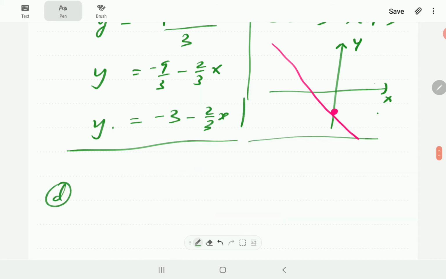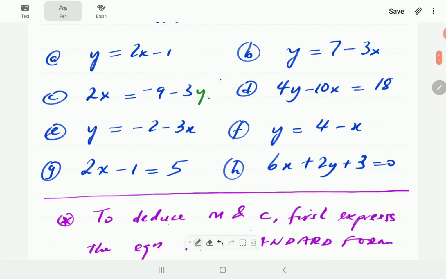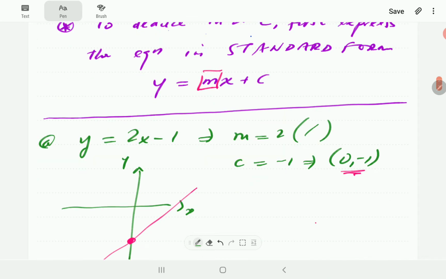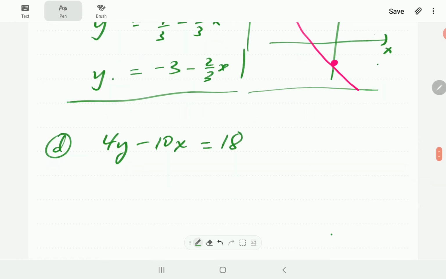So then in D we have got 4y minus 10x is equal to 18. So again here you can see that y is not the subject of the formula, so that is the first thing we're going to have to sort out.